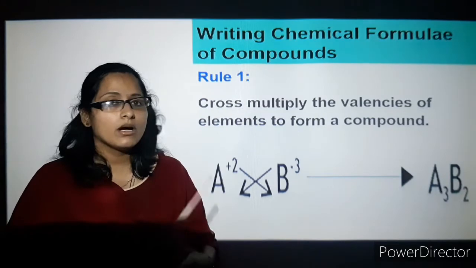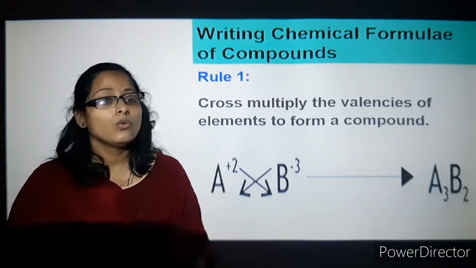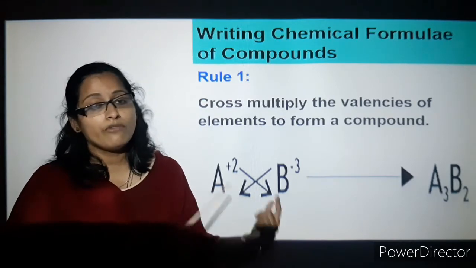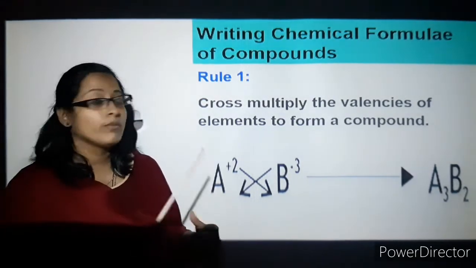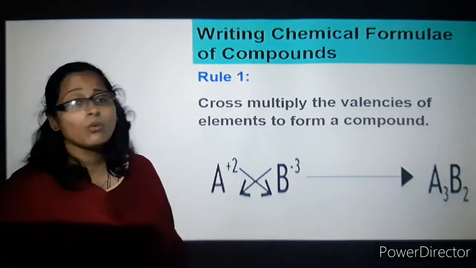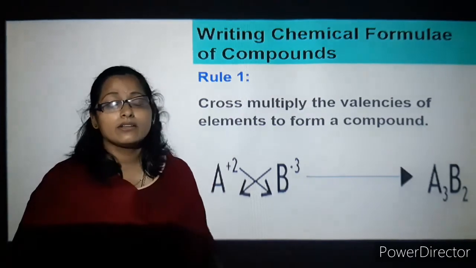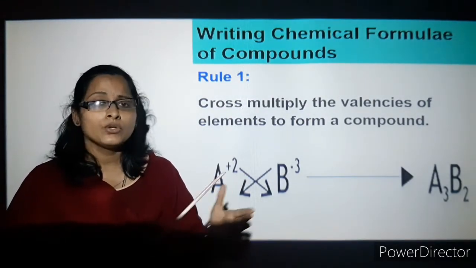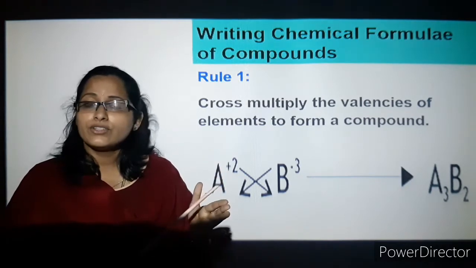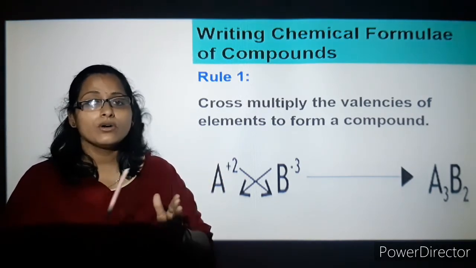Now it will become easier for you to write chemical formulae because it is with respect to the valency that you found out previously. So how are you going to write the formulae now? It is very easy. Rule number 1: as I told you before, you are going to cross multiply, with respect to water. Hydrogen has valency 1, oxygen has valency 2.